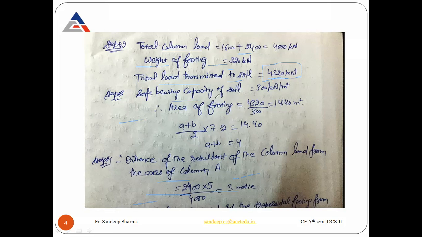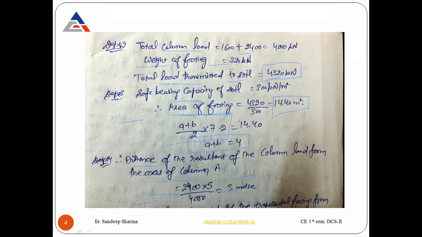With the help of that, you can calculate the area of the footing required, which is 14.40 square meters. This is the area required against this load. And this is the area of the trapezoidal footing, in which the length is 7.2, and against that we get a plus b equal to 4. We all know that a and b are the two widths on the sides of the footing.